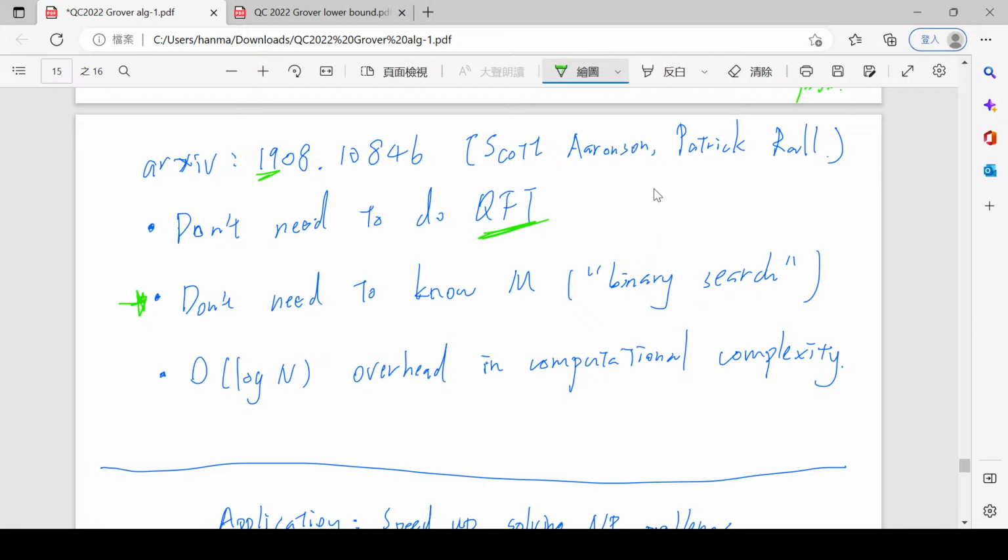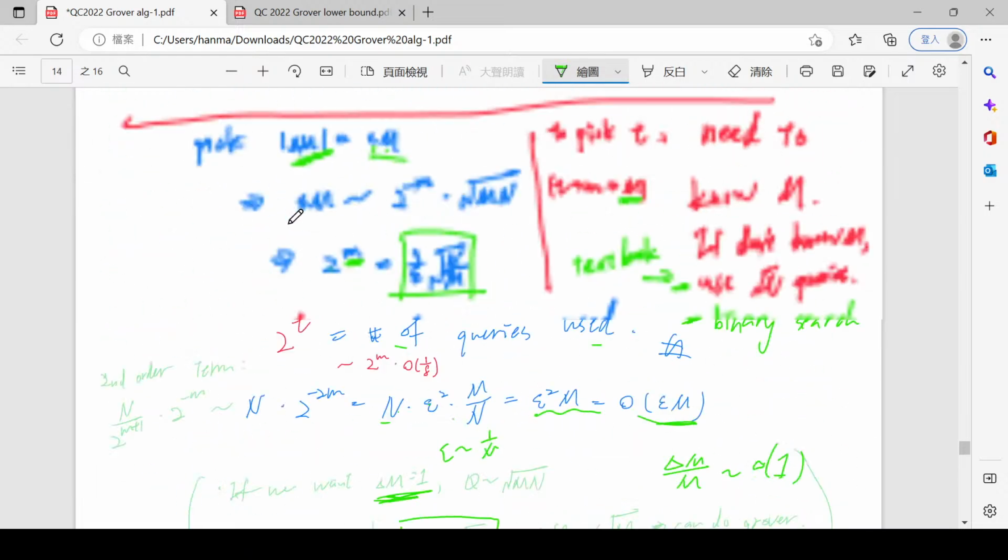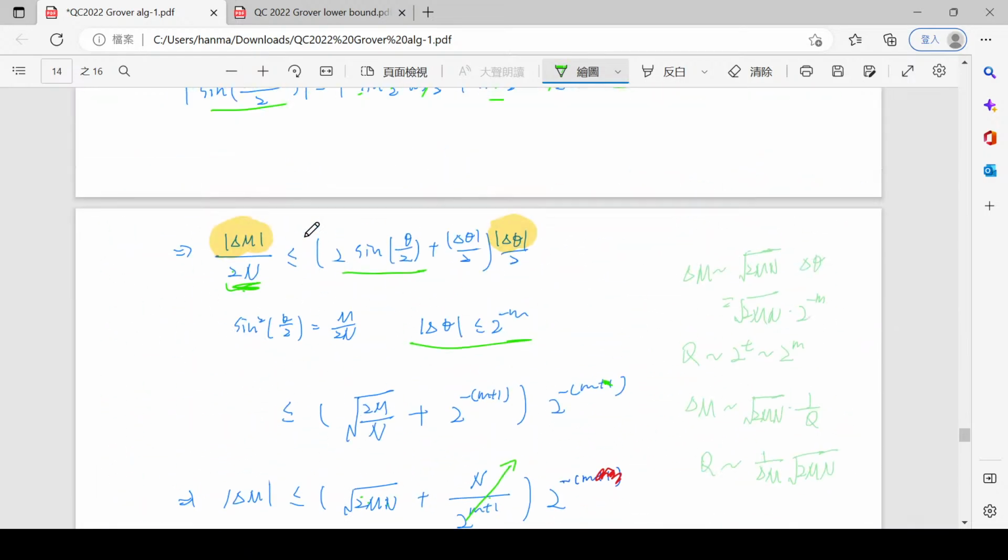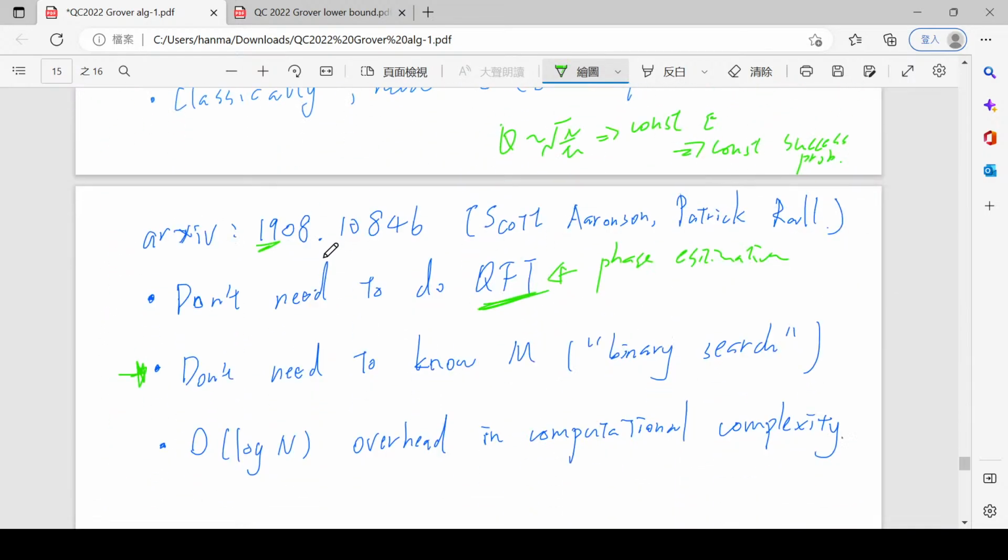Because remember we were doing phase estimation, and that's why we need quantum Fourier transform. But as people are trying to build quantum computers, they find out that quantum Fourier transform is actually pretty hard to do. And quantum counting is really a Grover-based algorithm. So maybe you can just do this with Grover iteration.